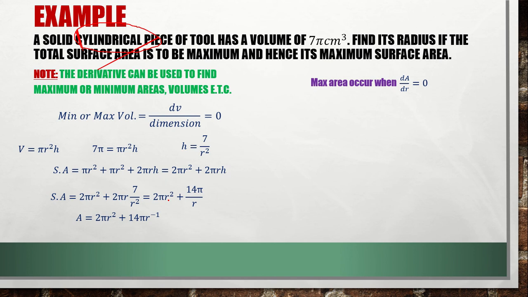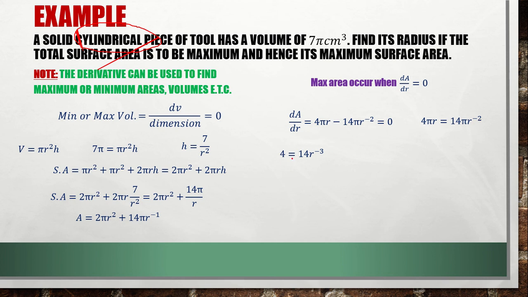I believe you are following. If I differentiate now my area with respect to r, what I'm looking for is basically the radius. I believe you can see what will be happening. I'll find that 4 pi r will be equal to 14 pi r raised to power negative 2.